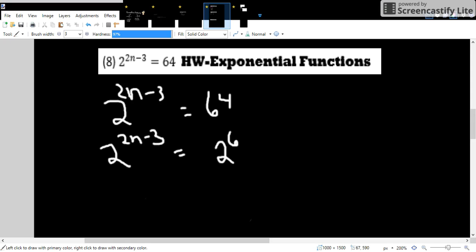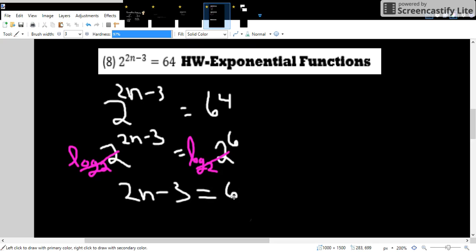To get rid of that, we're going to log b both sides again. And what is b? It's 2. So you're going to log 2 both sides. That gets rid of the 2's and the logs. So now you're just left with 2n minus 3 equals 6.